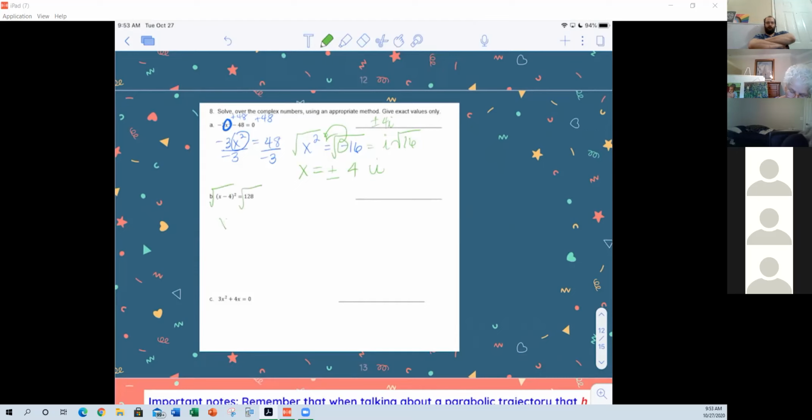So I have x minus 4 equals plus or minus the square root of 128. Now what? Then you add 4 to the other side.